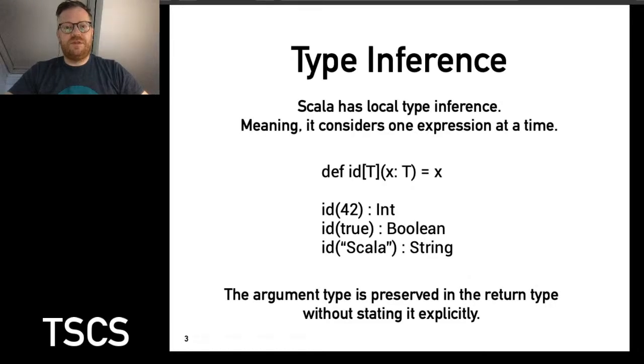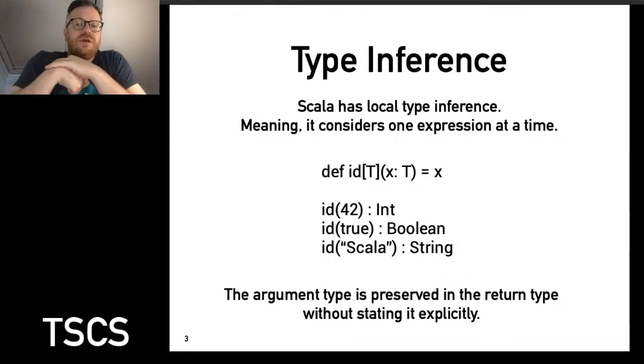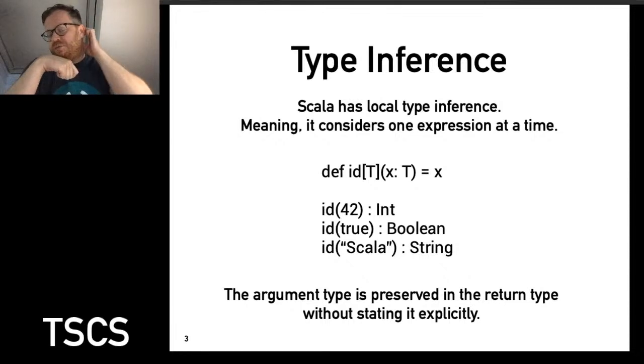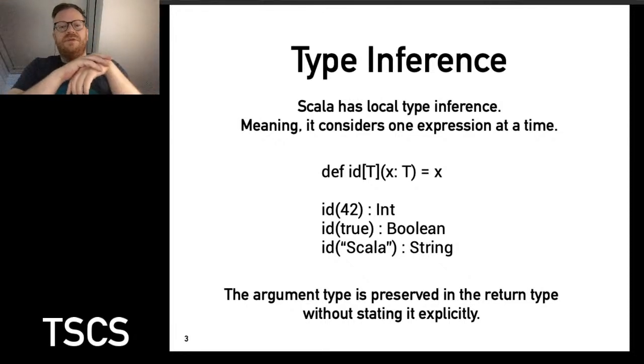Good, so the first feature that you already have kind of found is that Scala has local type inference. Meaning that it considers one expression at a time. So we have a few expressions here, and whenever the expressions are typed, these are typed in the specific moment that we do them.